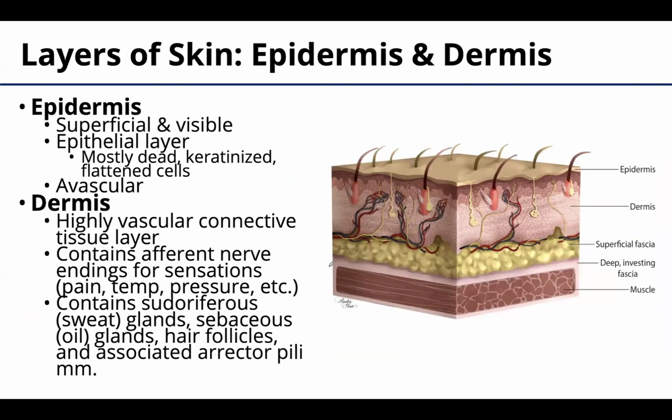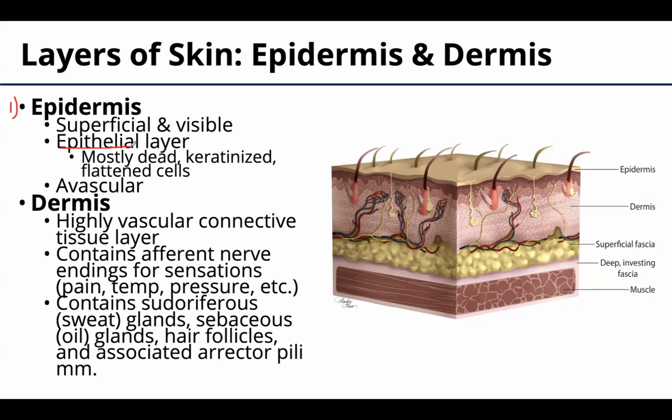It is actually composed of two layers. The more superficial and visible layer is the epidermis. So when you are looking at skin, you are looking at the epidermis. And this is actually an epithelial layer, which makes sense as it covers the external surface of the body.